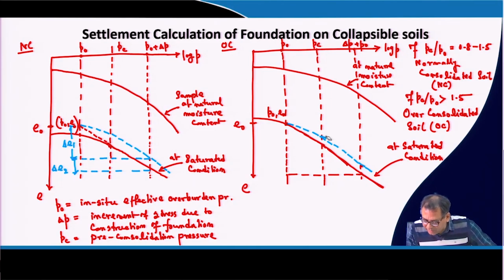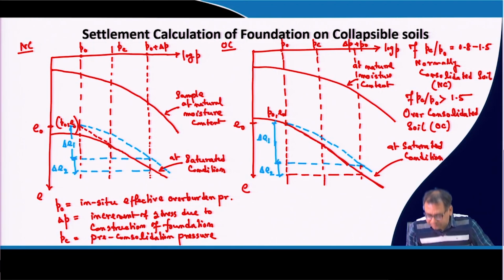Again this curve and this curve are the same, and then we will take this point also. So, this will give us del E2 and this will give us del E1. Okay, the same way, but two different soils.